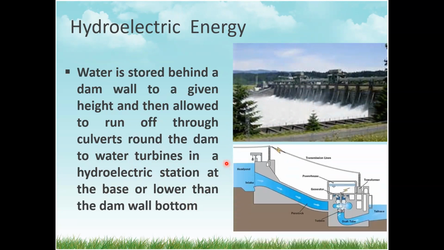So this is a diagram of the hydroelectric energy. There should be a certain height, and then the water would flow. There is a turbine and a generator at the bottom.